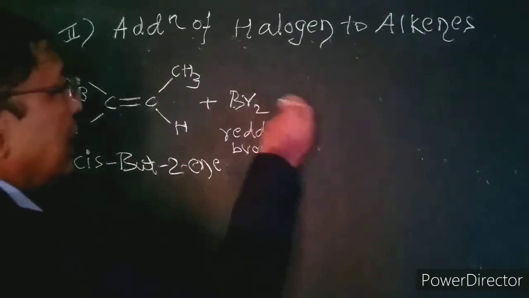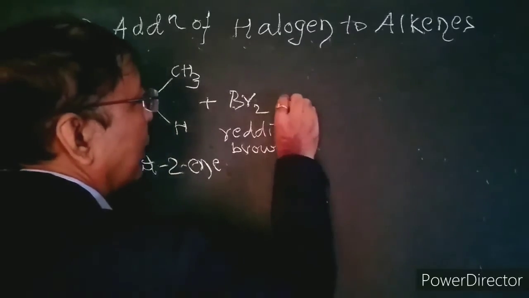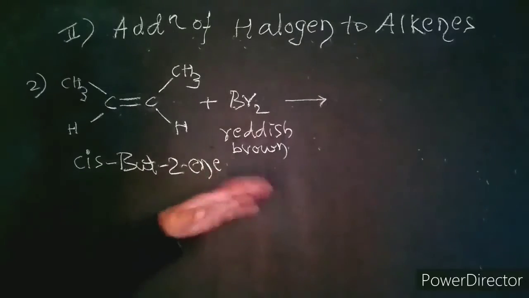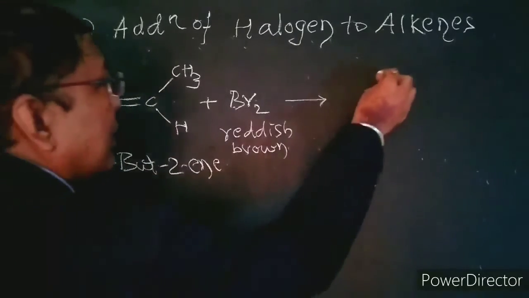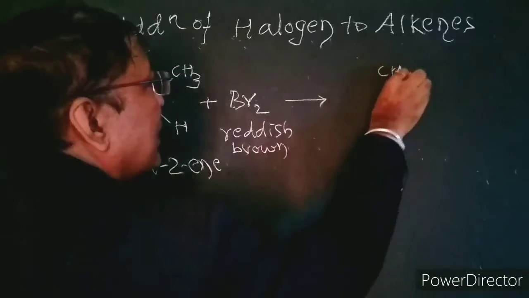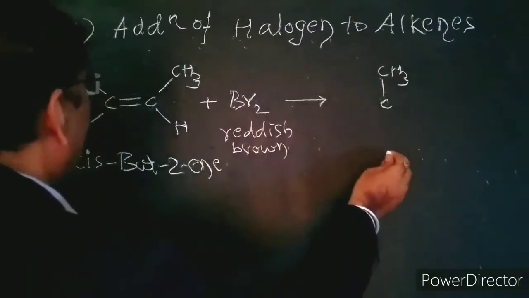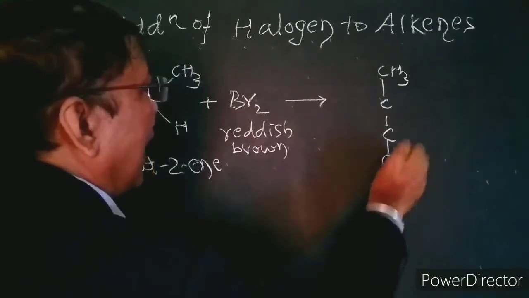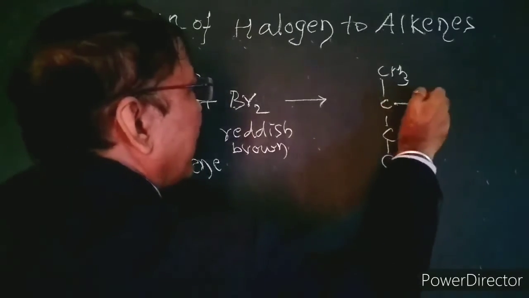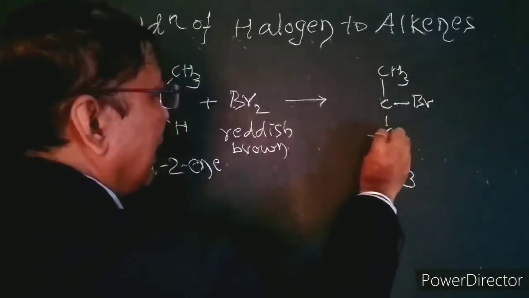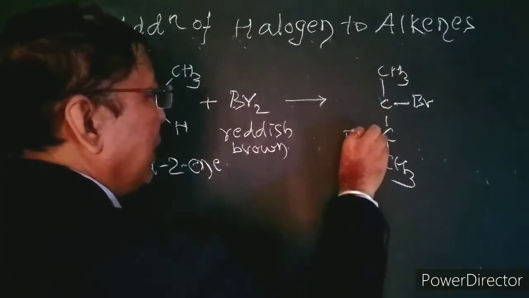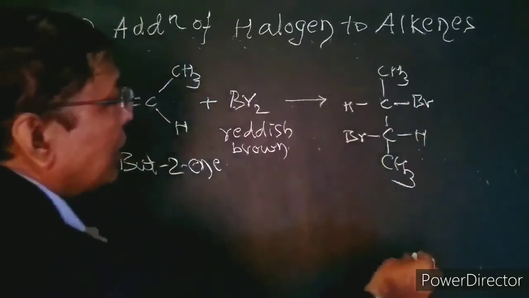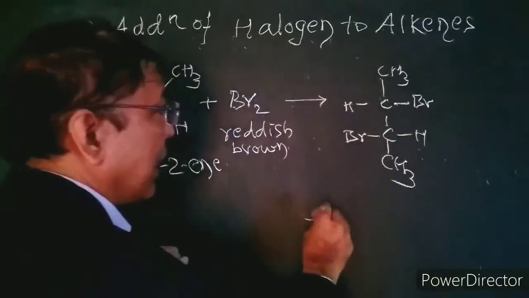When it is reacted with bromine water, the reddish brown color of the bromine disappears and we get two products. I write the longest chain like this, CH3, this carbon, carbon, CH3, and in the first product we get bromine at the right side and bromine here at the left side. This is one product, and another product I write here.